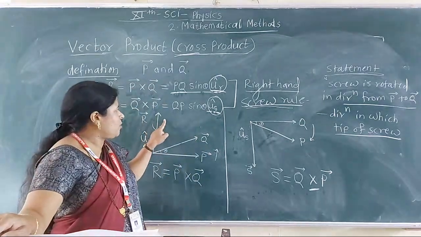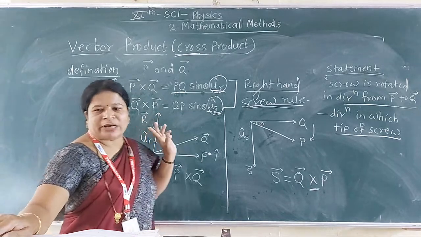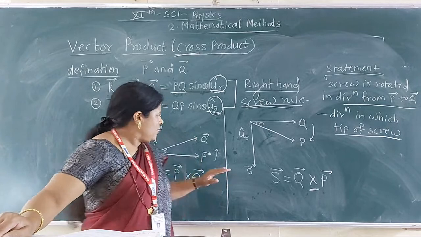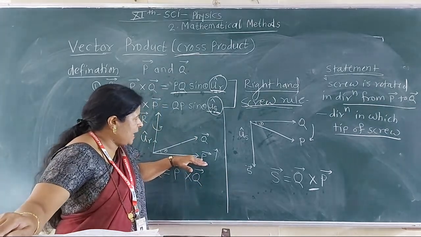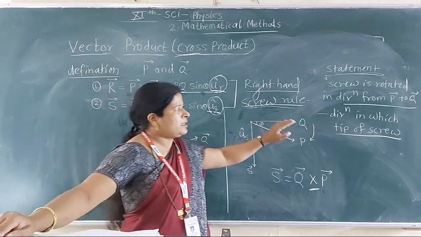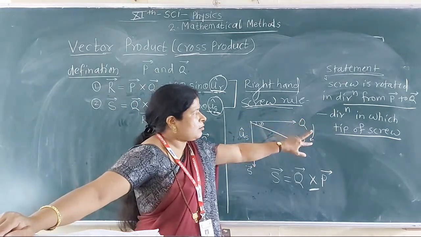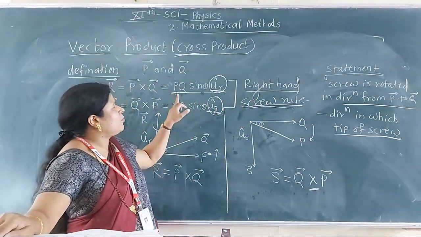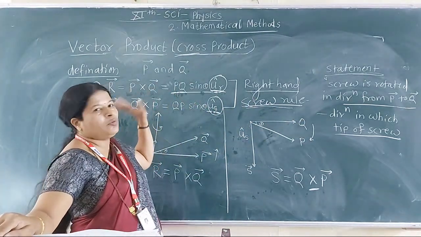The tip of the screw advances in the direction of vector r, which is perpendicular to the plane of vector p and vector q. This is the right hand screw rule, and using this right hand screw rule, we write the product between these two vectors.